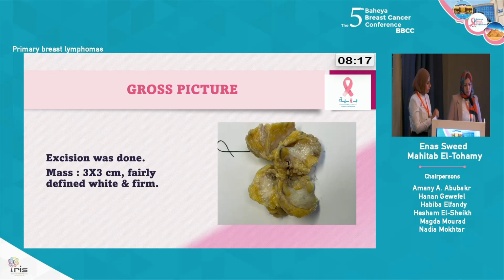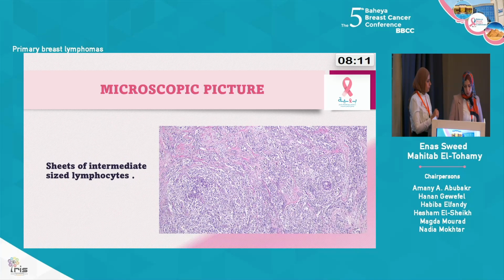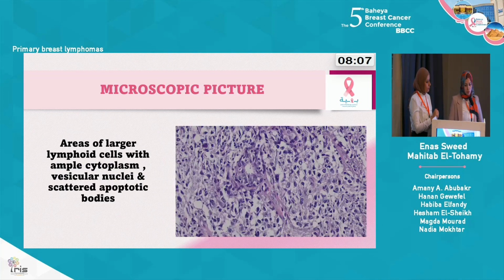Excision was done and the mass was 3 by 3 centimeters in size, fairly defined, and white and firm on cut section. Microscopic examination revealed sheets of intermediate-sized lymphocytes with areas of larger lymphoid cells showing ample cytoplasm and vesicular nuclei with scattered apoptotic bodies.